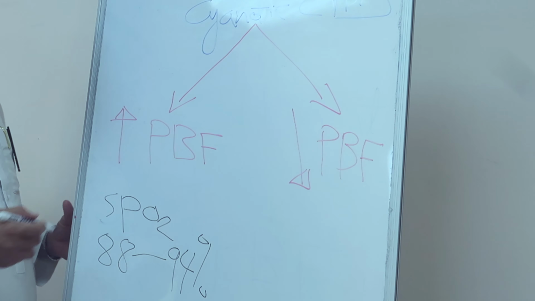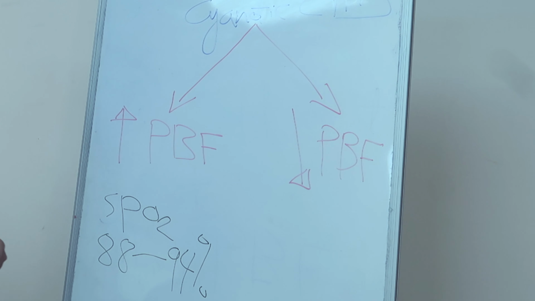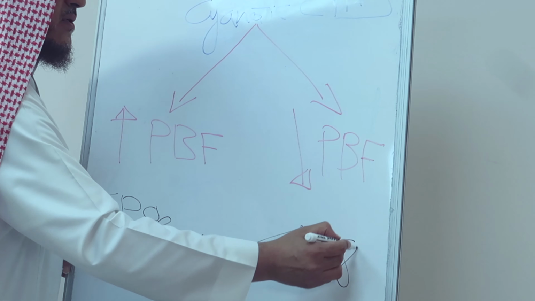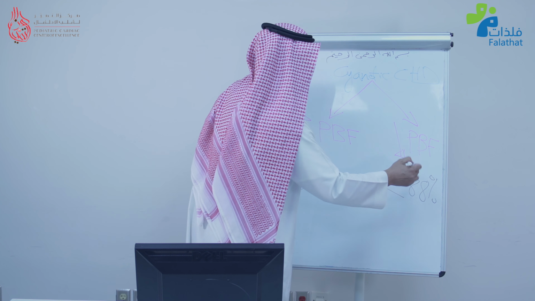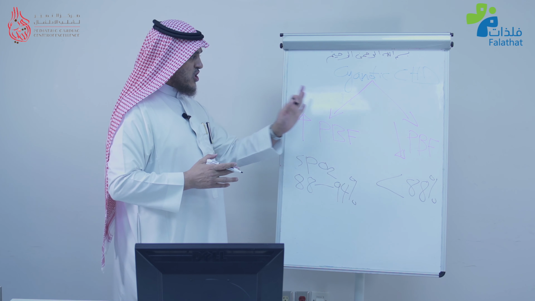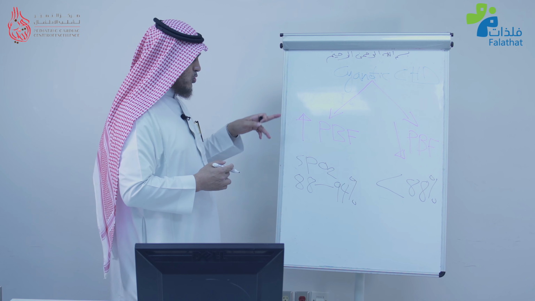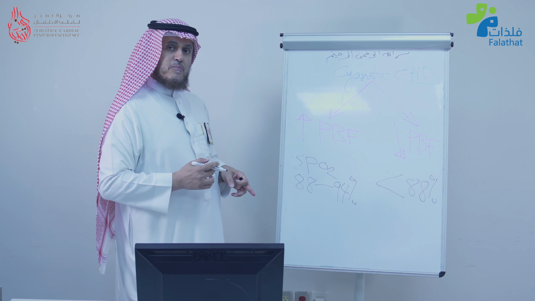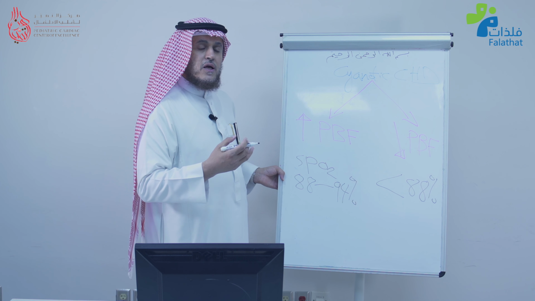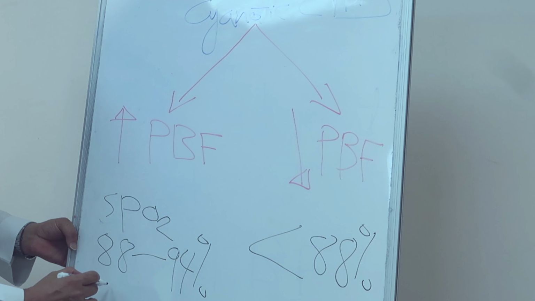And when we talk about decreased pulmonary blood flow, usually the saturation there is less than 88%. Sometimes even much less than that. One important factor that differentiates both, or is common in one and not common in the other, usually in patients with increased pulmonary blood flow, there is no pulmonary flow restriction, or what we can translate into there is no pulmonary valve stenosis.